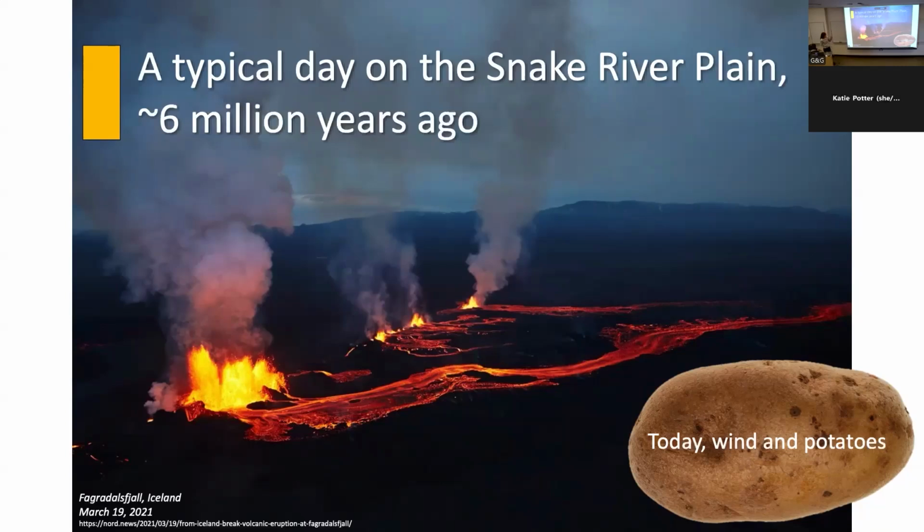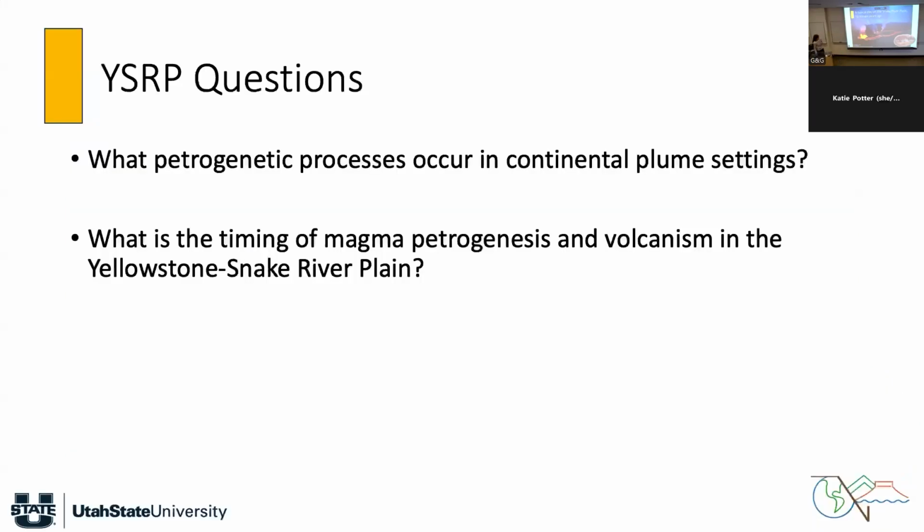This is not directly related to our delicious potatoes that come from Idaho, but most of the potato and sugar beet growing fields are on top of these basalt lava flows, which are also great little repositories for loess.